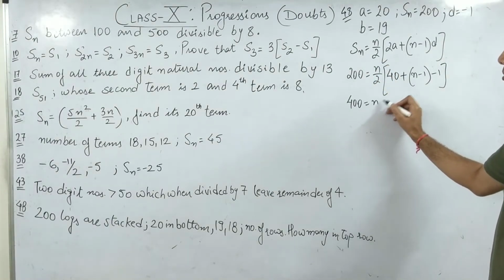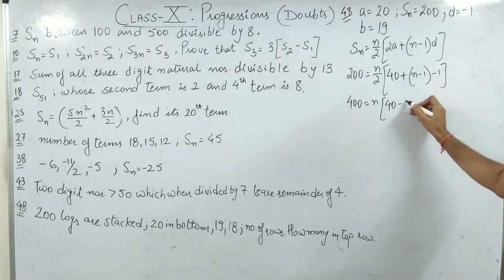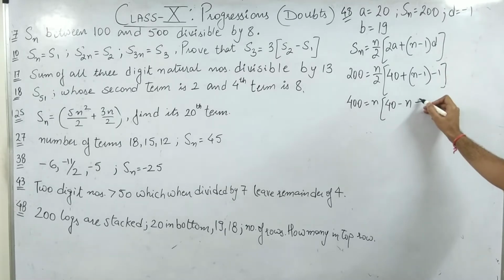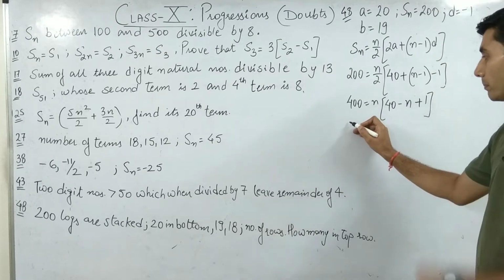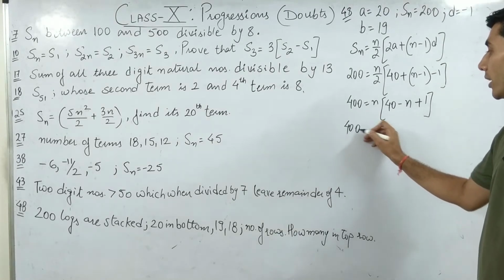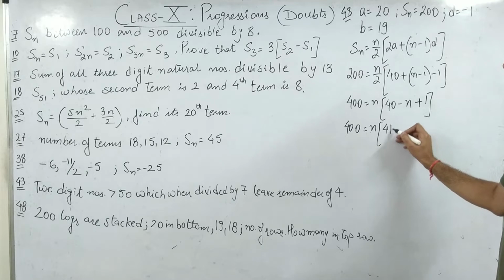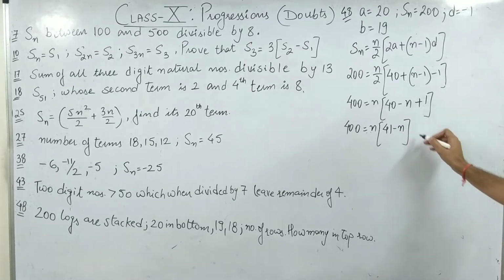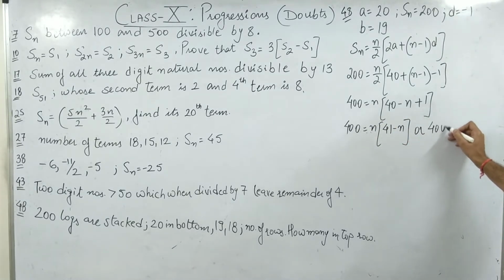It equals n bracket 40 minus 1 into n, which is minus n, minus 1 into minus 1 comes out as +1. So 400 equals n bracket 40 plus 1 is 41 minus n, or 400 equals 41n minus n square. I'm simply removing the brackets.